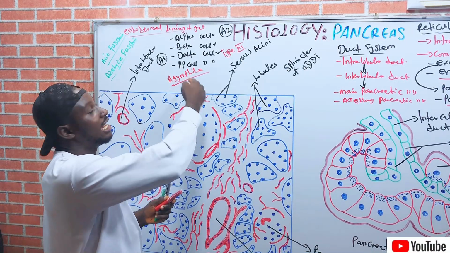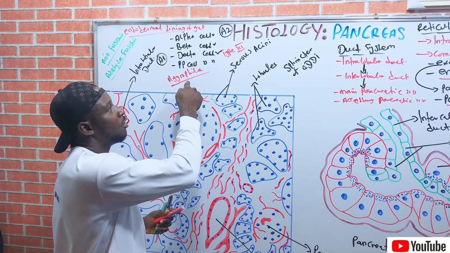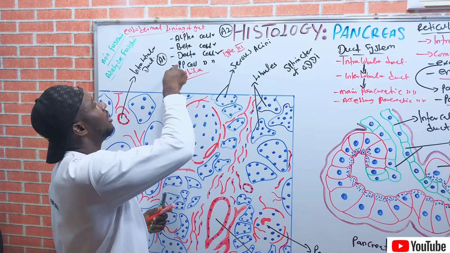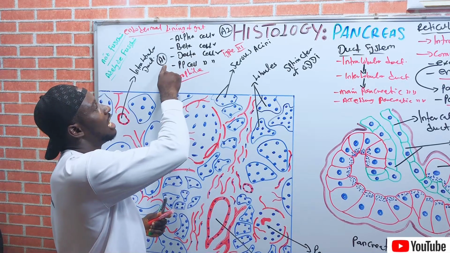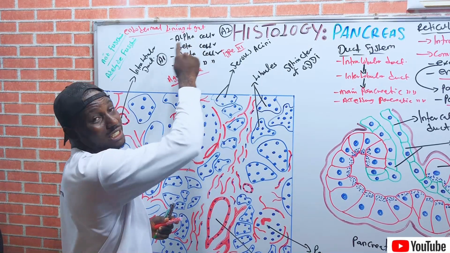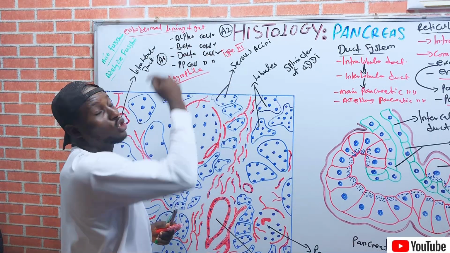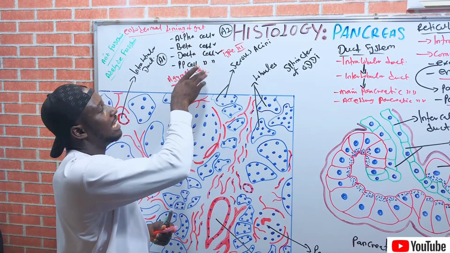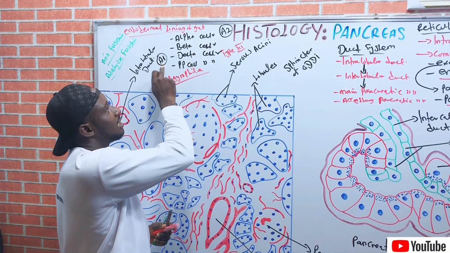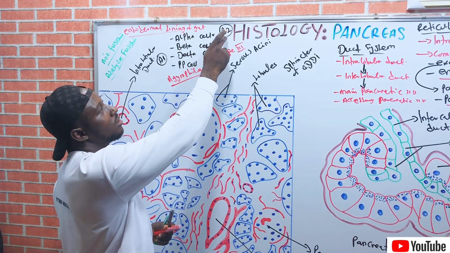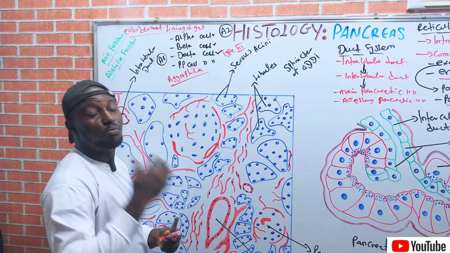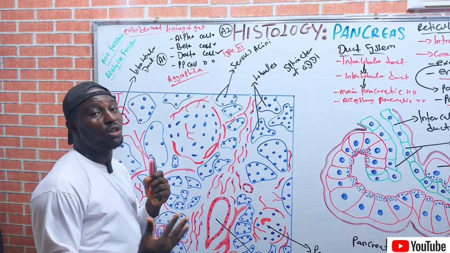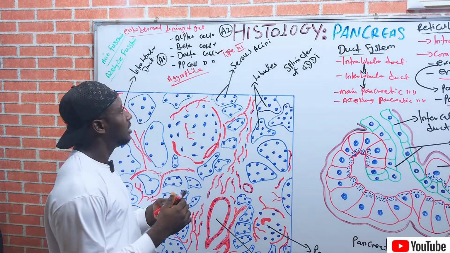So it is what? An argyrophil, right? Whereas the alpha cell is not an argyrophil. That is why the delta cell is referred to as the A1 cell, while the alpha cell is referred to as the A2 cell. But they have the same resemblance with the granules of the alpha cell, right?